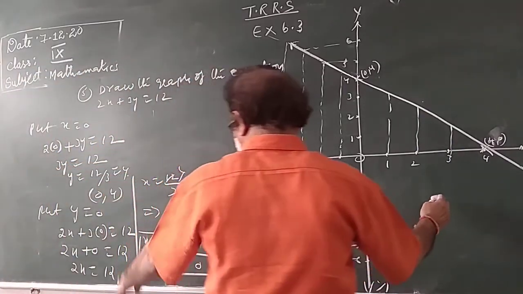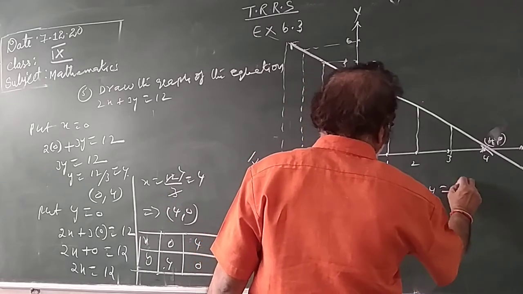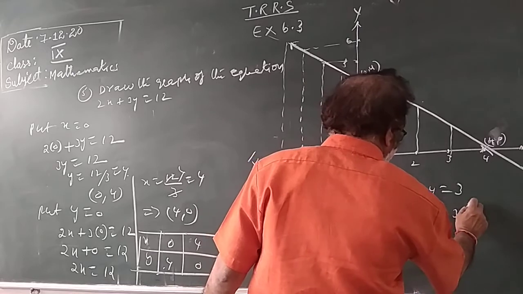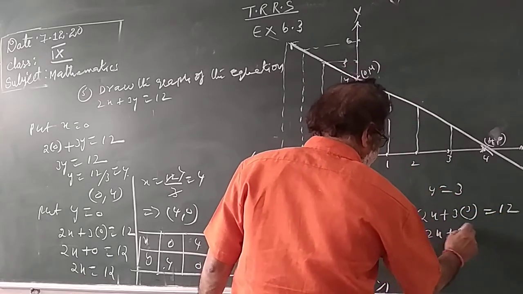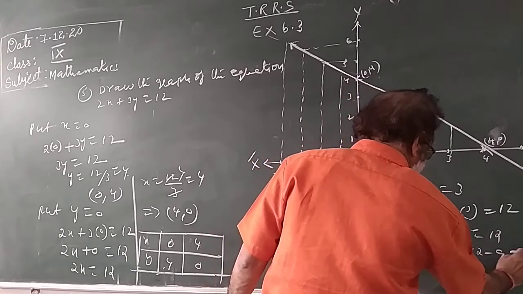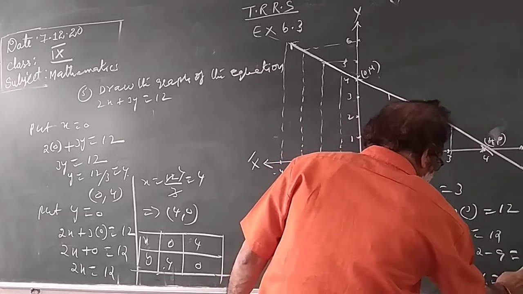If y is equal to 3, what is the equation? 2x plus 3 into 3 is equal to 12. 2x plus 9 is equal to 12. 2x is equal to 12 minus 9, which is 3. x is equal to 3 by 2, which means 1.5.